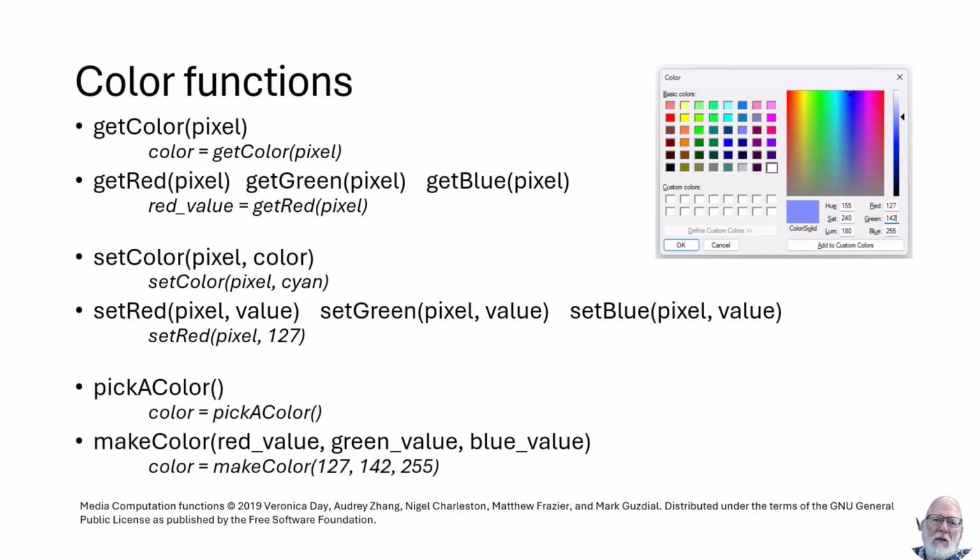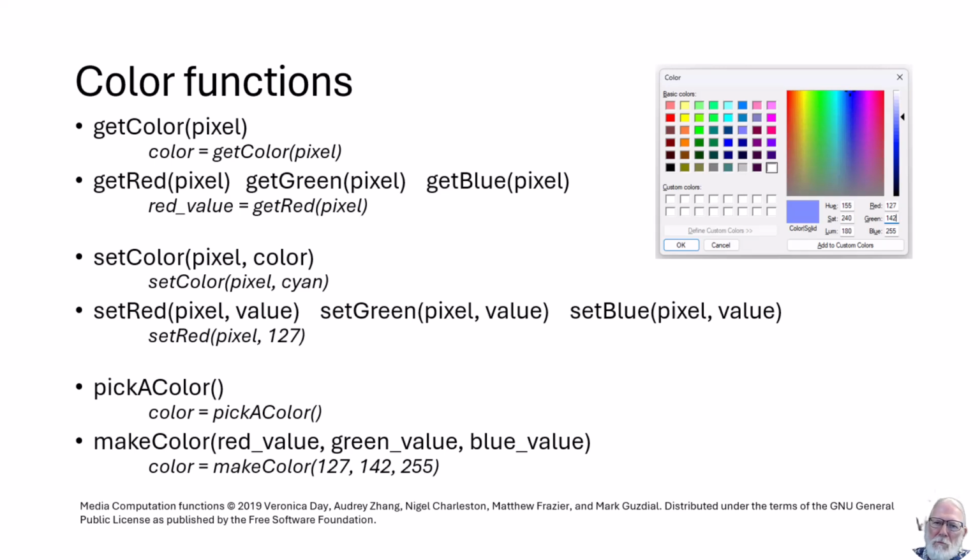And the last function we're looking at today is makeColor. So here we can actually give this function three color values, the three components, the red component, green component, blue component, in that sequence. It's always red, green, blue. We give it the three numeric values we want, saying how much red we want, how much green, how much blue, and it will return a color that matches those three components. In this example of code, I'm saying color equal, because it's going to give me back a color, makeColor 127, 142, 255.